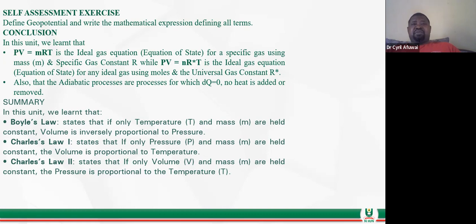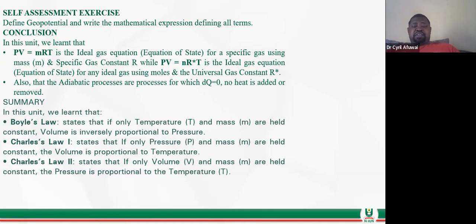Charles' law 1 states that if only pressure P and mass m are held constant, the volume is proportional to temperature.